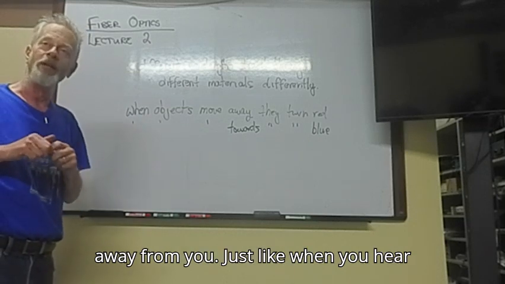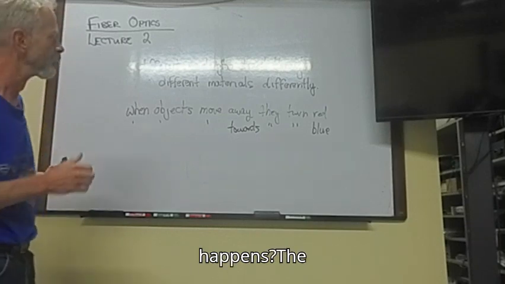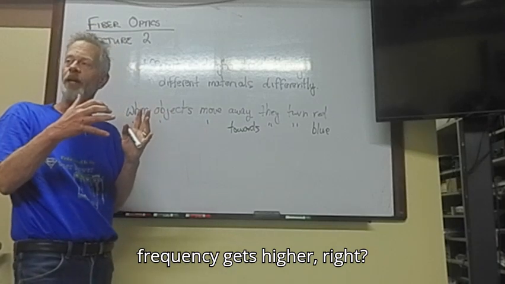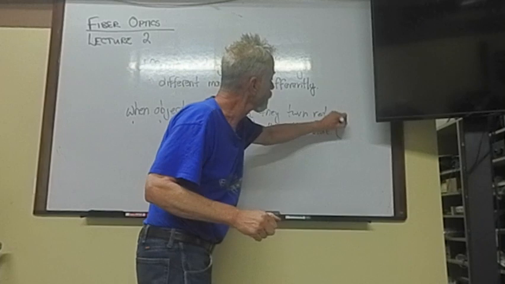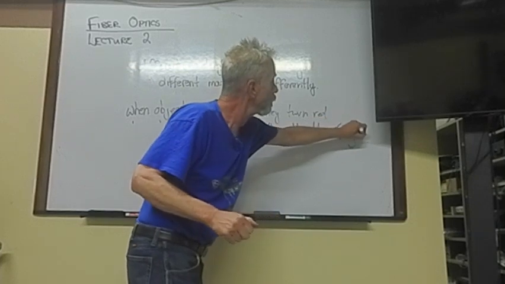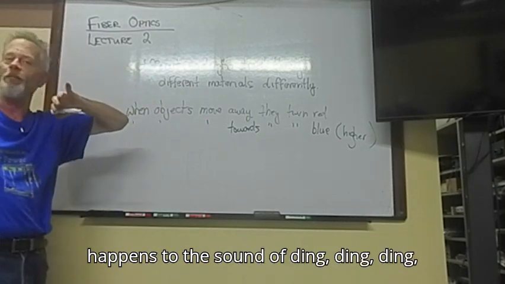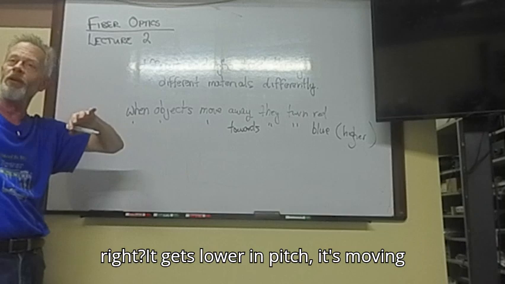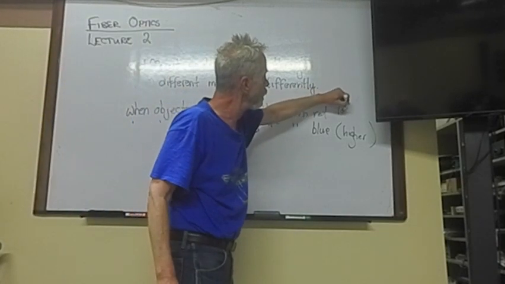Just like when you hear a train and it comes towards you, what happens? The frequency gets higher, right? So blue, higher frequency. When the train moves away from you, what happens to the sound? It goes ding, ding, ding, right? It gets lower in pitch. It's moving away from you, the frequency goes down.